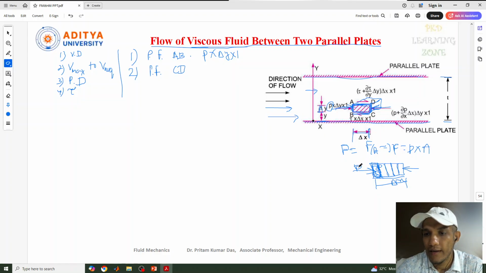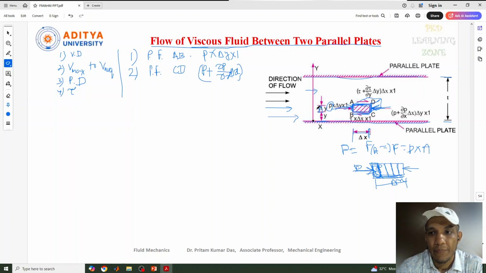Delta X. So what we can write, the pressure applied here along with the total pressure acting on this particular element, with respect to the area. The total pressure is going to be P plus delta P by delta X, the pressure gradient, times the total distance covered, delta X. This is the total pressure acting at the opposite side, the CD surface, and this is only pressure.